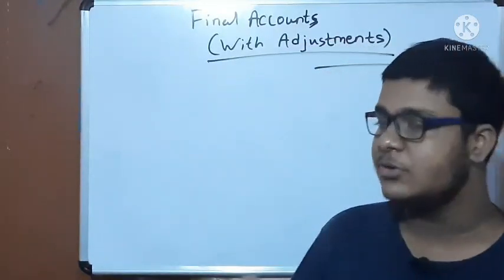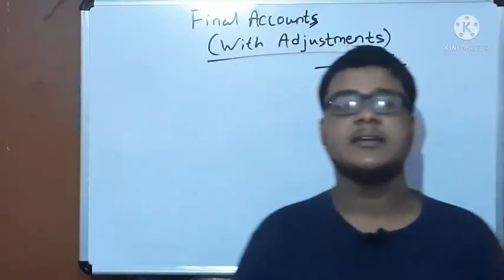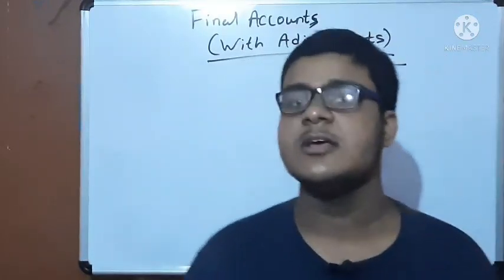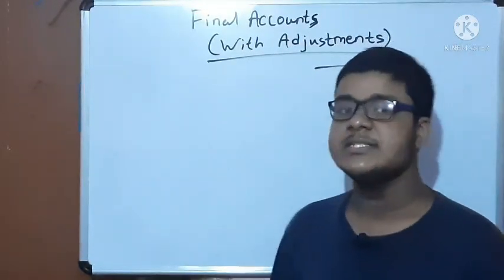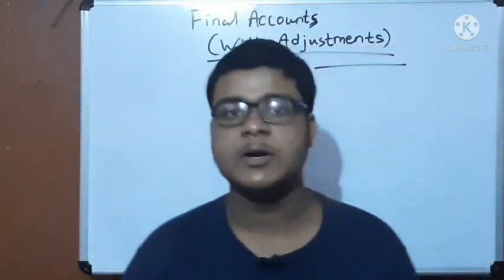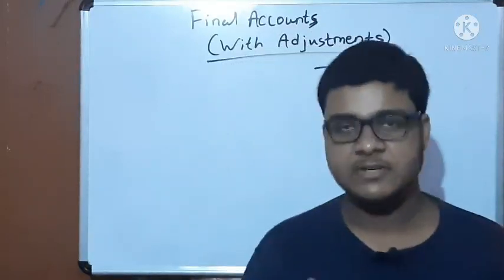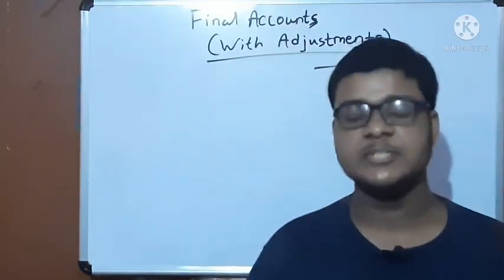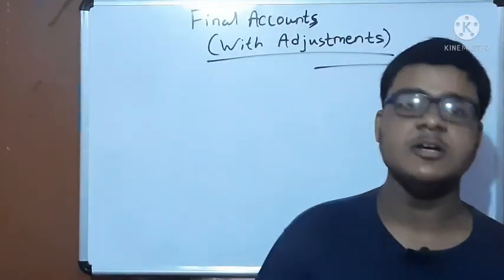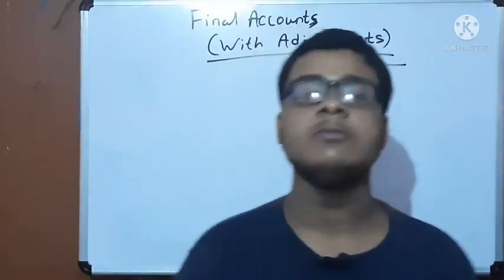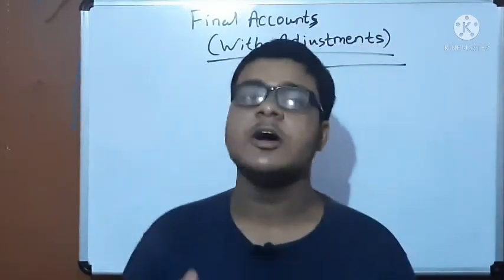Without adjustment means the transactions which are within the trial balance, and we have solved them. In this chapter we are going to learn what the adjustments are. There are many adjustments, some 14 to 15 or more, in this chapter, which you have to understand to solve the illustrations or examples of this chapter.